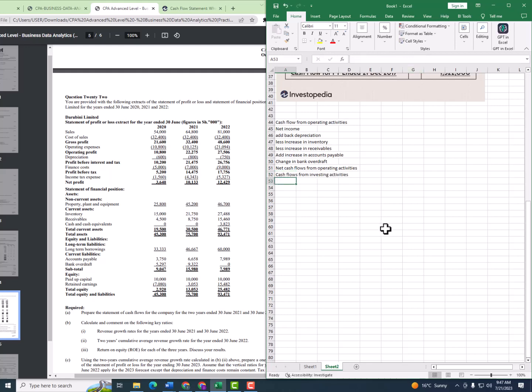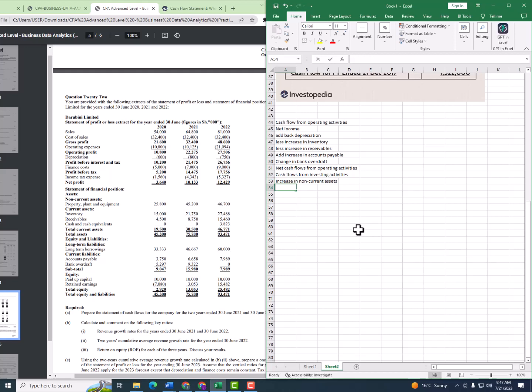And under investing activities, we look at the non-current assets and we can see they were increasing. So we say increase in non-current assets. That's the only item under investing activities.